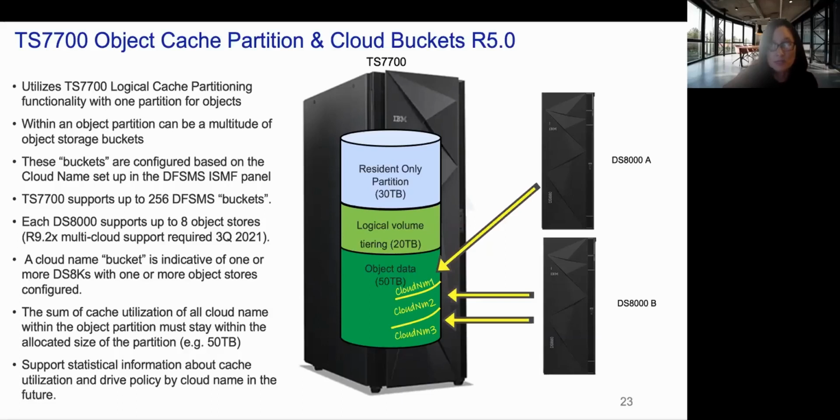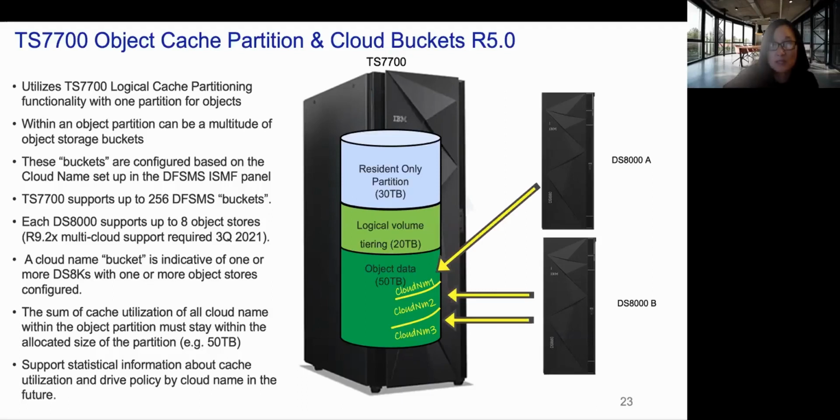So now, prior to multi-cloud, these cloud name buckets, as I'm showing here, I have cloud name 1, 2, and 3 as an example. Each one of those in this time period was indicative of a DS8000 connection, because at the time, DS8000 only supported one cloud configuration.